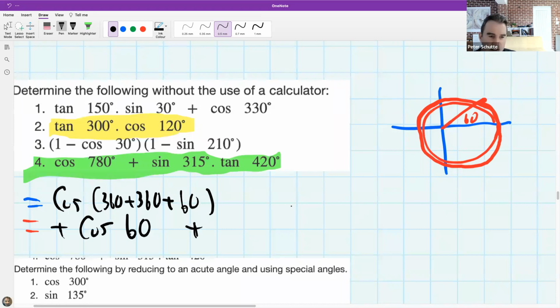There's the right side, that's 360 minus 45. Or we can say, if I go to 315, I get to here. How far away is that from the nearest horizontal axis? It's 45 away. So this should be minus sine 45.